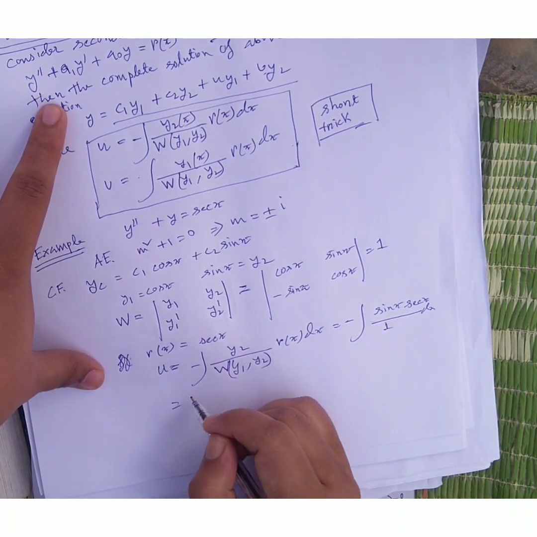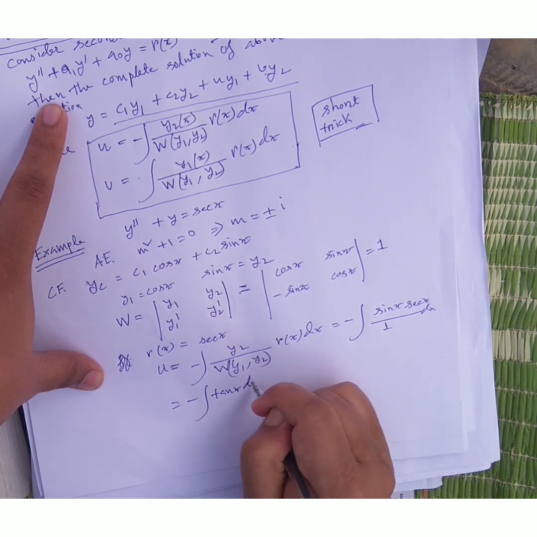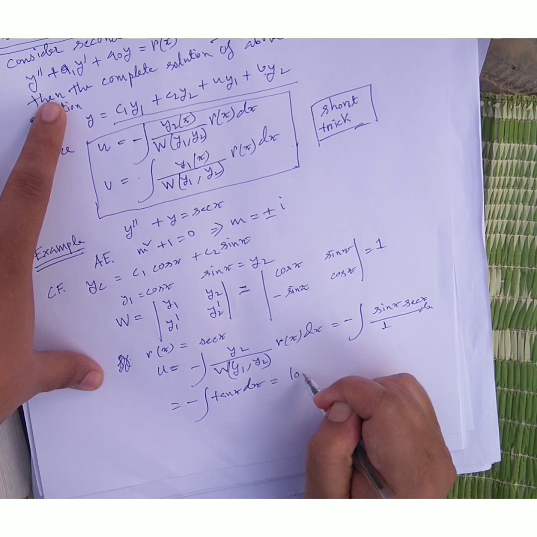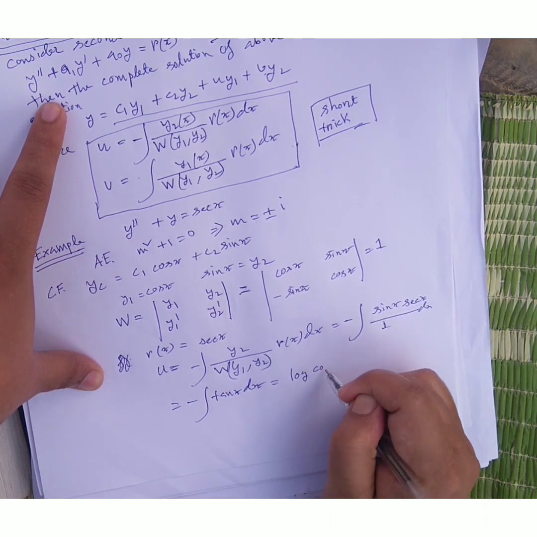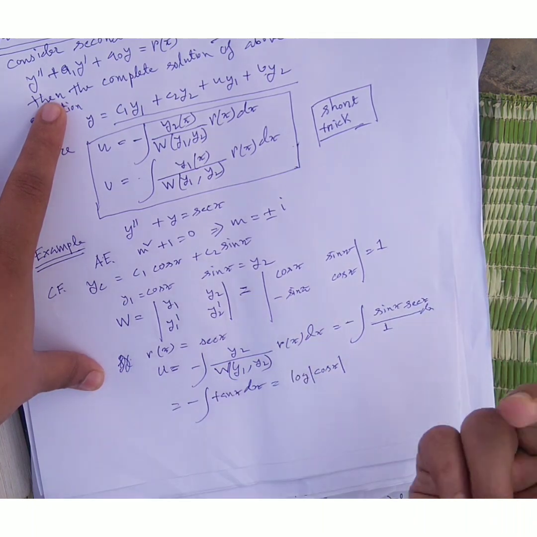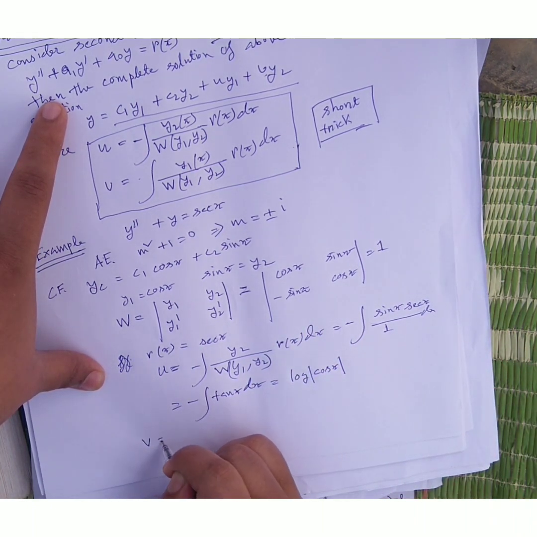So whatever I get is minus the integral of tan x dx, and the integration of tan x is log sec x, so minus log sec x is equal to log cos x.